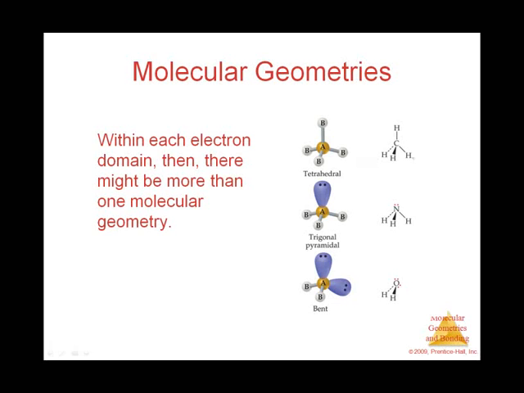So if I have a bond with an atom on each of the electron domains, I have a tetrahedral shape, equally spaced apart. If I have one lone pair and only 3 atoms attached, I'm going to have trigonal pyramidal. This nitrogen is going to be sticking up. And if I have 4 domains around the central atom, but 2 of those are lone pairs and not bonded pairs, then I will have a bent shape like I do in water.